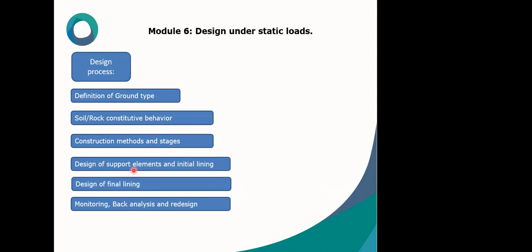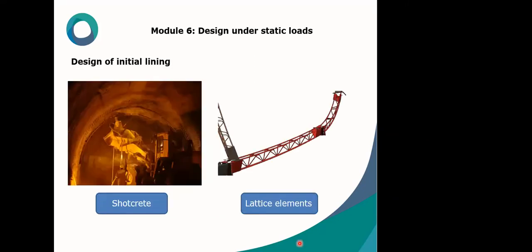And then we go to the design of final lining, and the monitoring and back analysis and redesign. So in the next slide, you can see shotcrete and lattice elements.